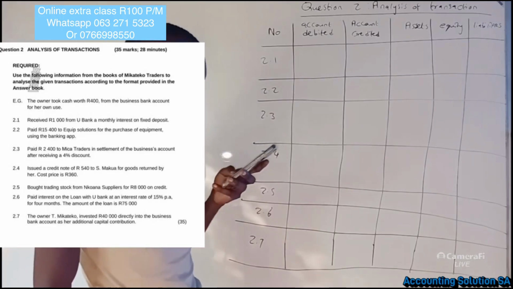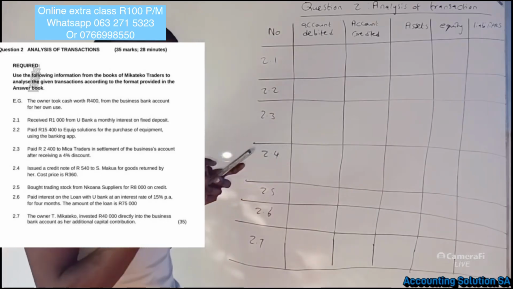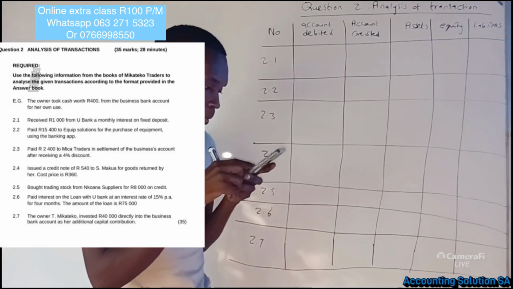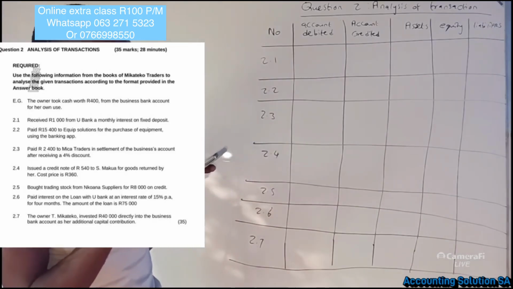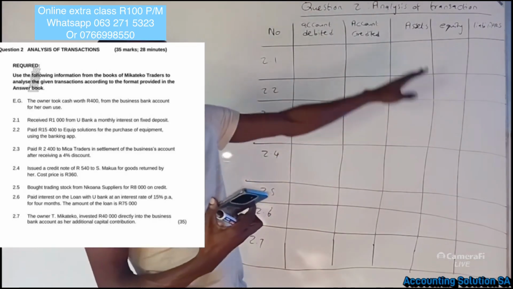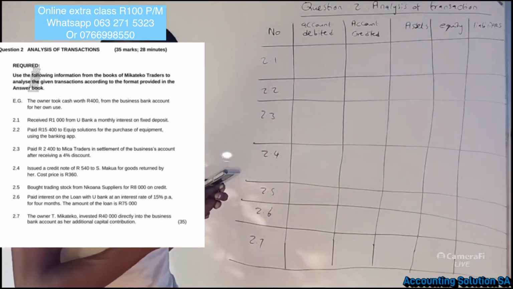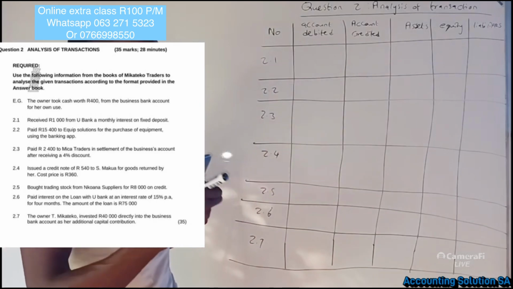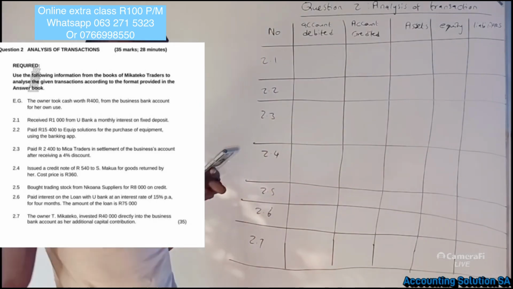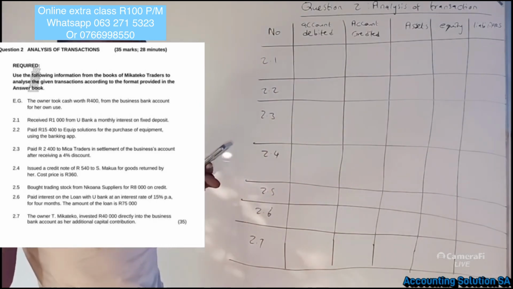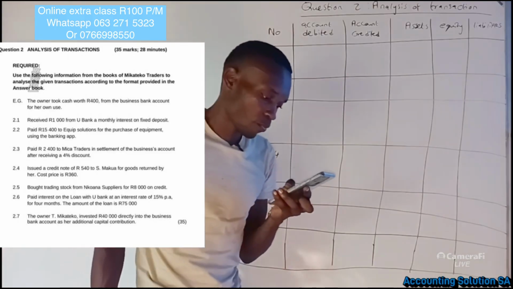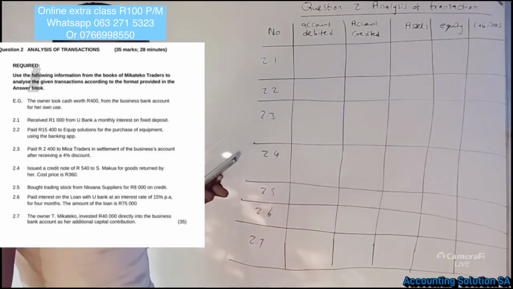They said that the owner took cash worth 400 from the business bank account for her own use. The answer book that has been provided, guys, is this one. So let's try to answer the example first.